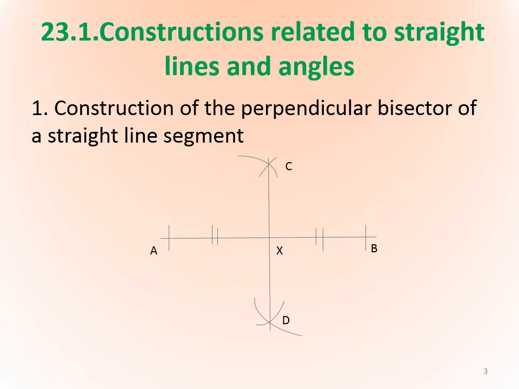Using a protractor, measure the magnitudes of the angles AXC, BXC, AXD and BXD. I am getting all are 90 degrees. CD is the perpendicular bisector of AB.